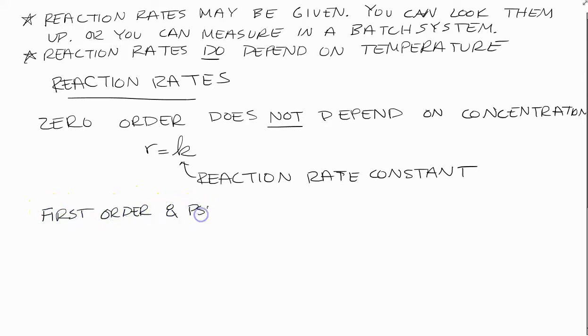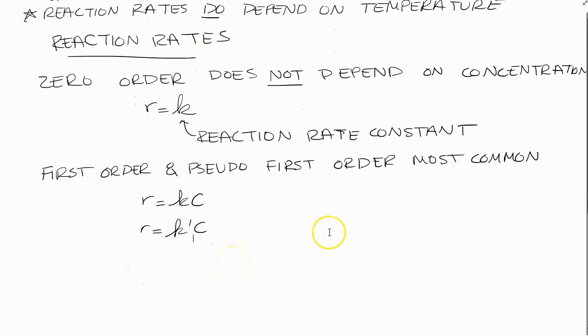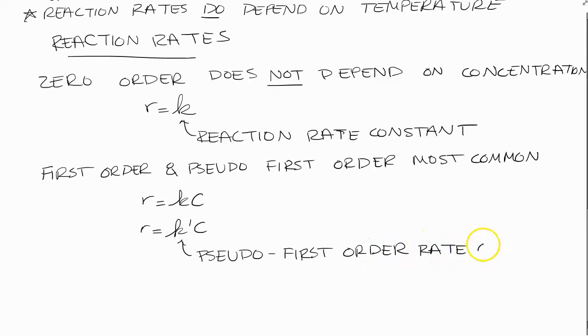First order and pseudo first order reactions are going to be some of the most common types of reactions that you find in an environmental engineering setting. Here, R, the reaction rate, equals K times C, the concentration of whatever you're talking about, or K prime times C, where K prime is the pseudo first order reaction rate constant.